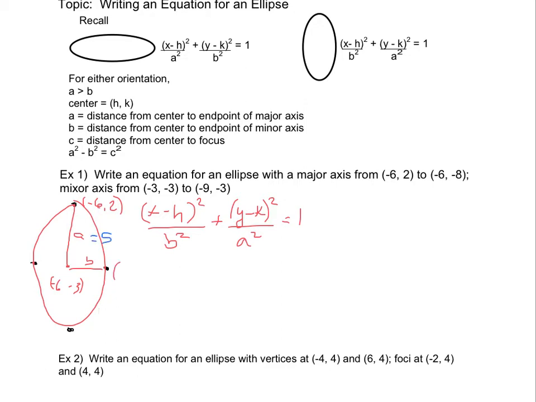Remember that this point here is the point -3, -3. So again, when determining B, I can say, how do I get from -6, -3 to -3, -3? Well, it must be a distance of 3 units between -6 and -3. I can also find distance by subtracting and taking the absolute value.